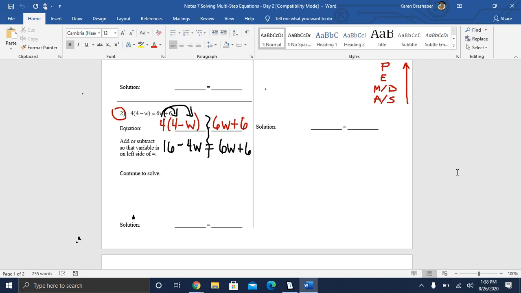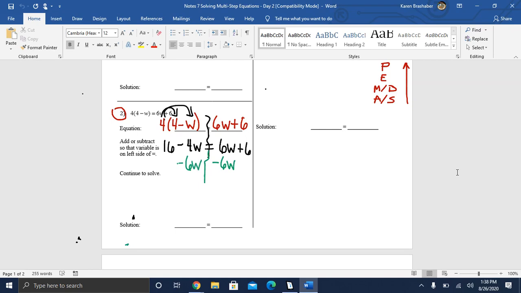Well, so now I want to work with my 6w, which is on the right-hand side of the separator. I want to work with 6w, and to zero that out, I want to do the opposite. I would have minus 6w. I want to be sure to line that up on the other side of the equal sign underneath its like term.